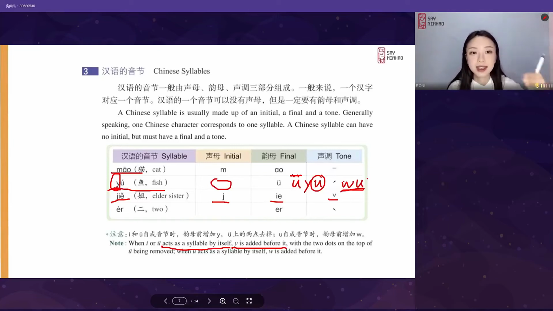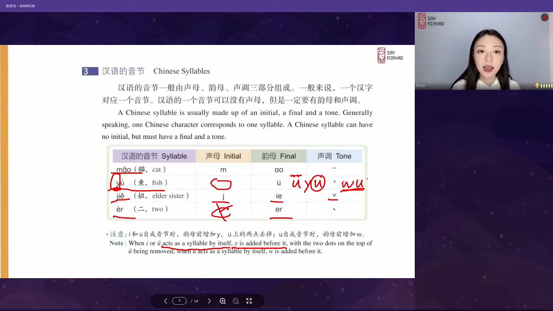Last example is er. We have no initial here, and the final is er, and the tone is fourth tone. So er, it means 2 in Chinese. Now we've learned the syllables.